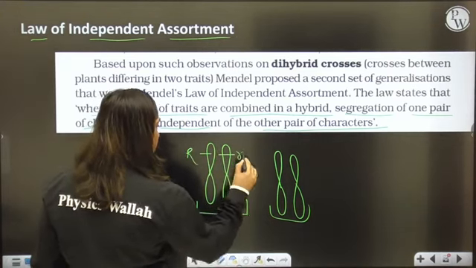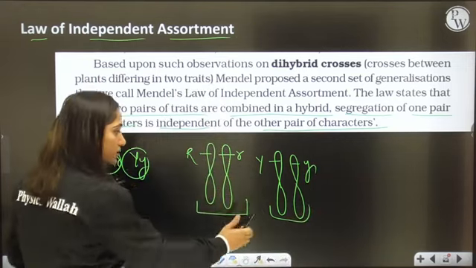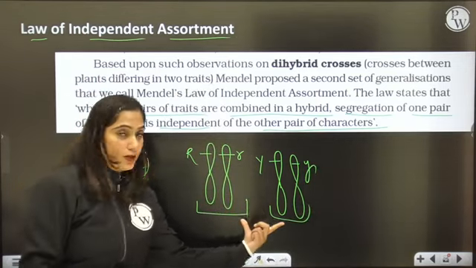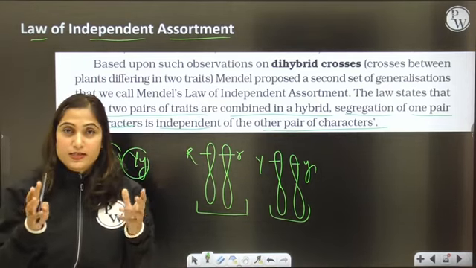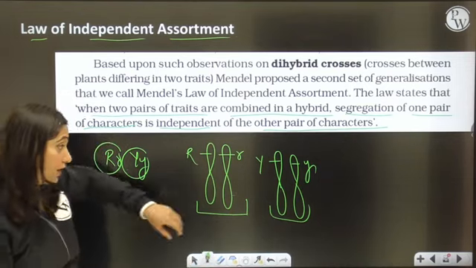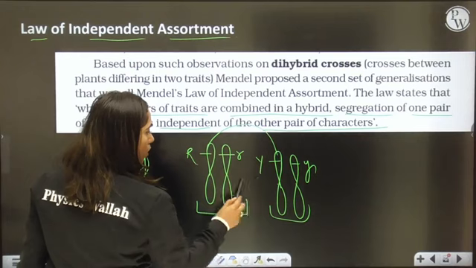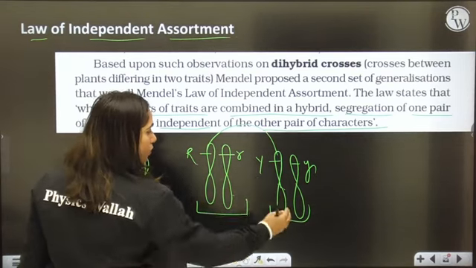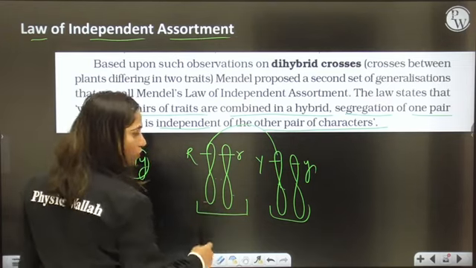I'm taking a hybrid having 2 pairs of chromosomes. Independent assortment is applicable only when these 2 genes are present on different non-homologous chromosomes. These are homologous chromosomes and these are non-homologous chromosomes.